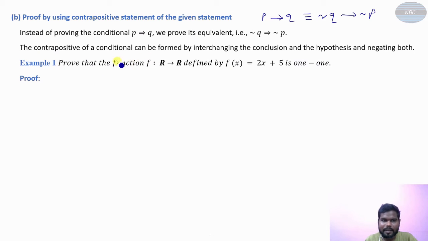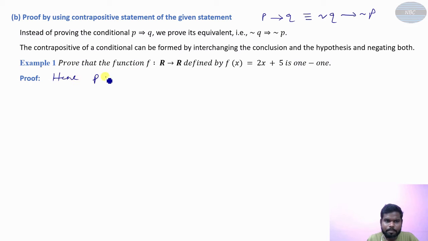So come to an example here. Prove that the function f from R to R defined by f(x) is equal to 2x plus 5 is one-one. Now we have to prove this by using the contrapositive statement. Here we have to prove f(x) is one-one.